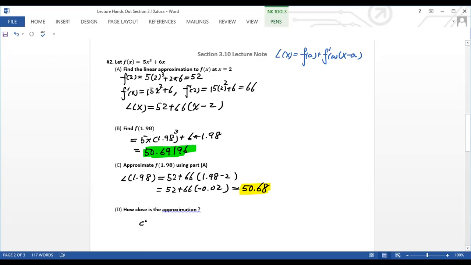It's close to within 0.01, because this is 0.68 and 0.69, so it's very good, right? It's a very good linear approximation. That's why linear approximation helps you when you are close to that point: instead of using the function value, you can use the linear function.